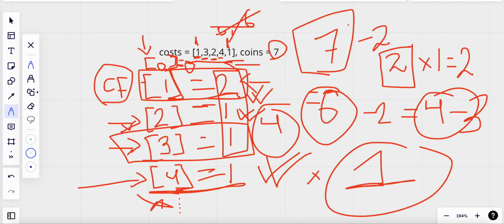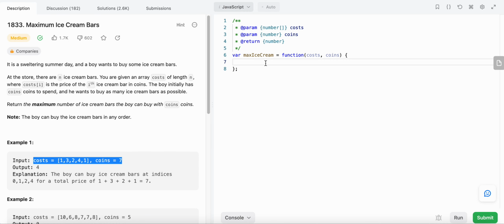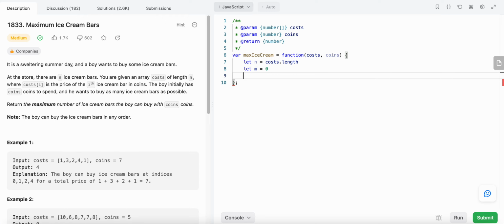Now let's try to write our code. So n is the length of the array, and let us find the maximum value of the cost.